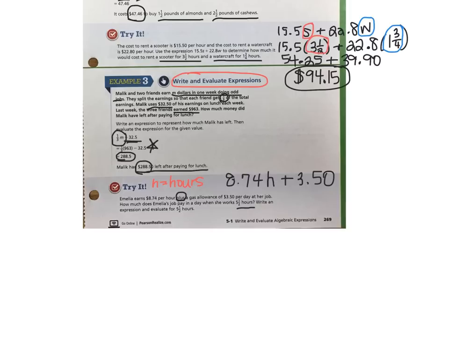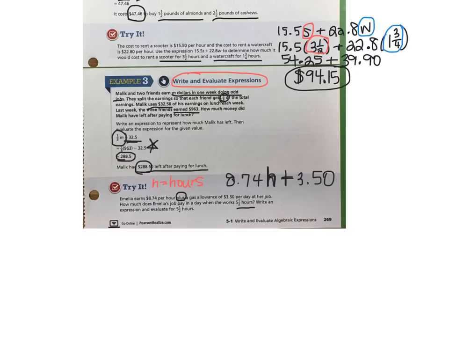So notice here that the expression that I've written shows the $8.74 that Amelia earns per hour, that's the H here that I'm multiplying by, plus she gets an extra $3.50 per day in gas allowance.